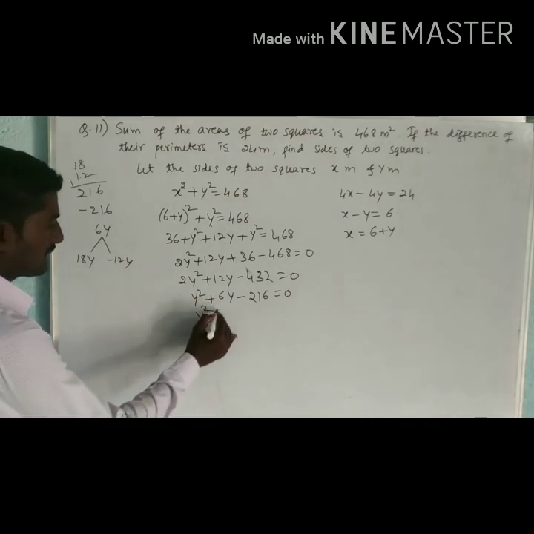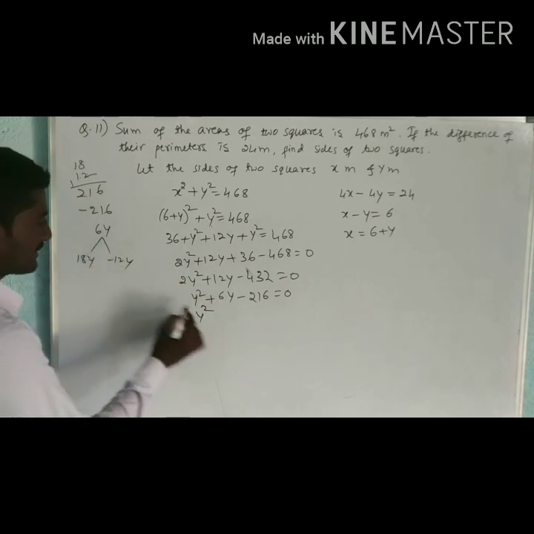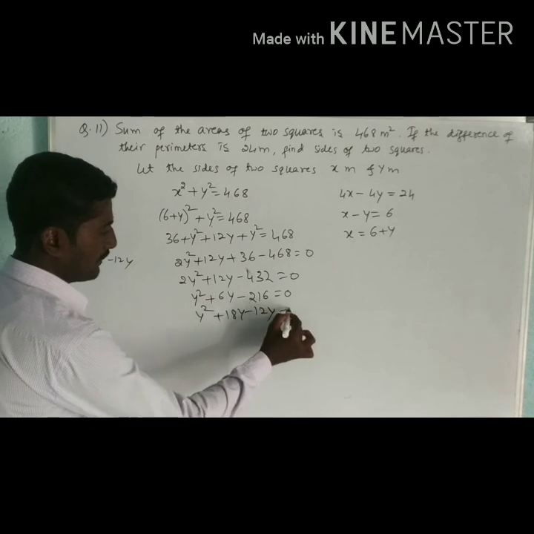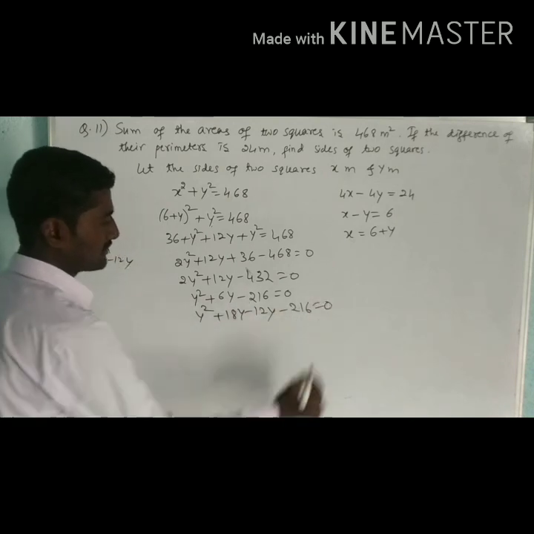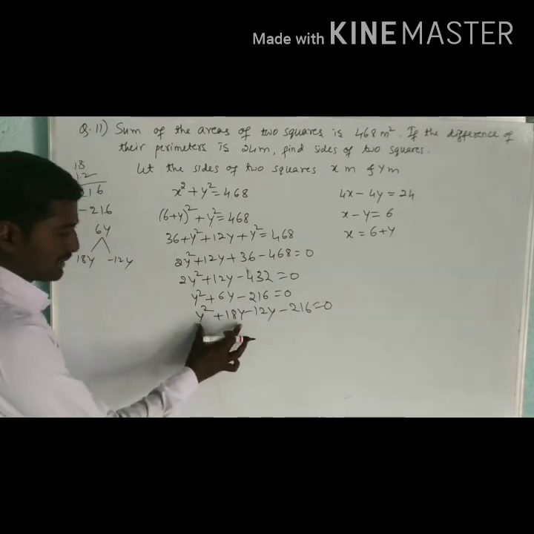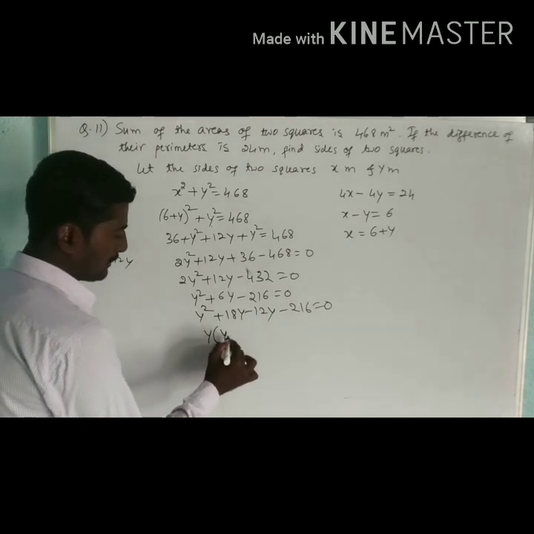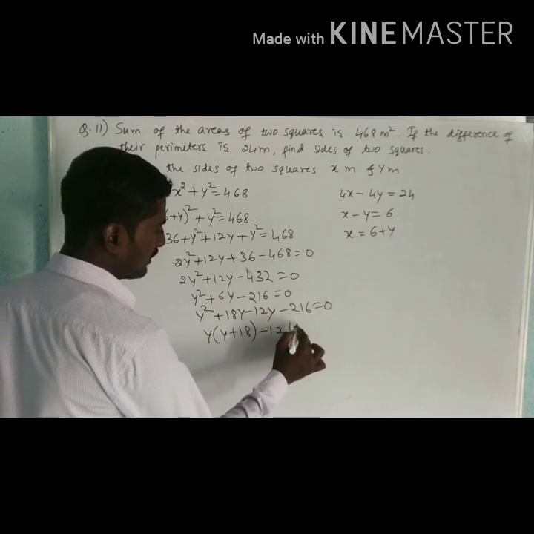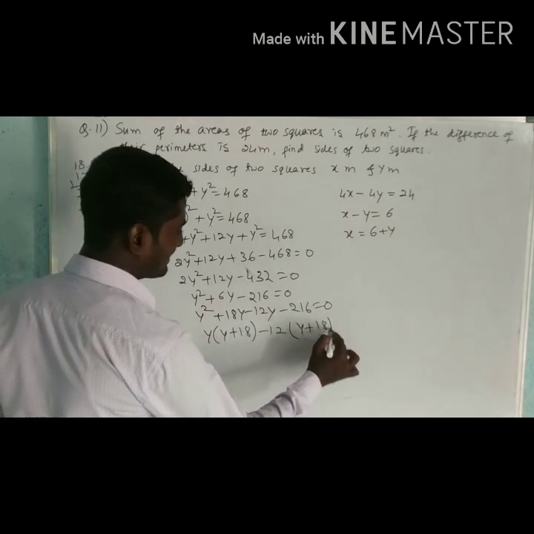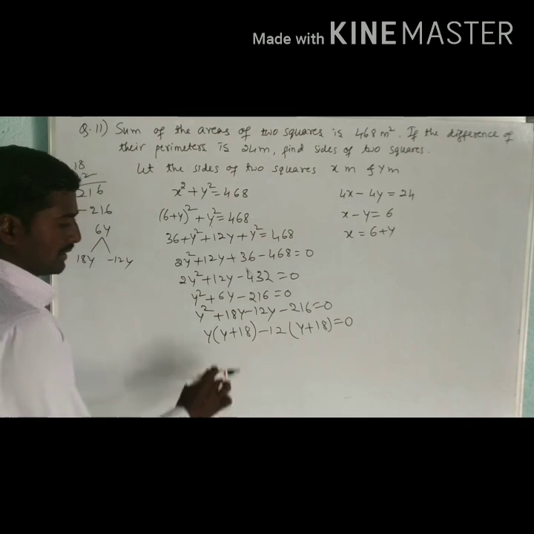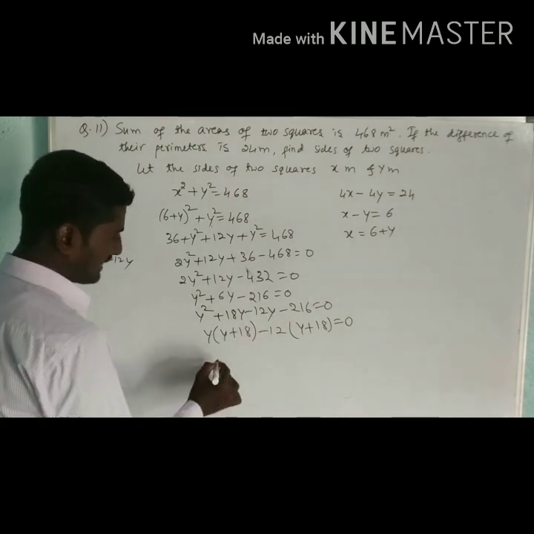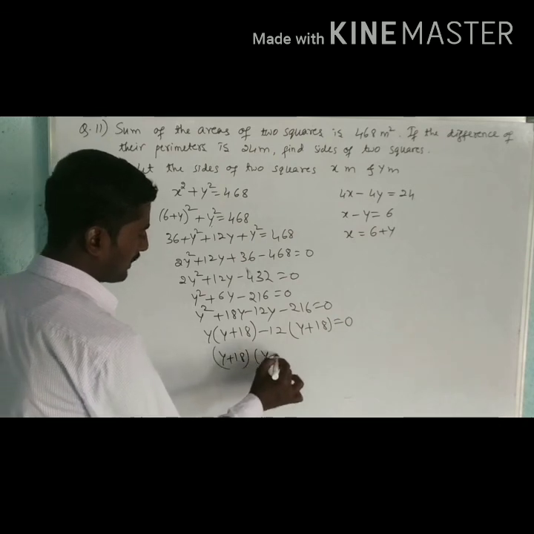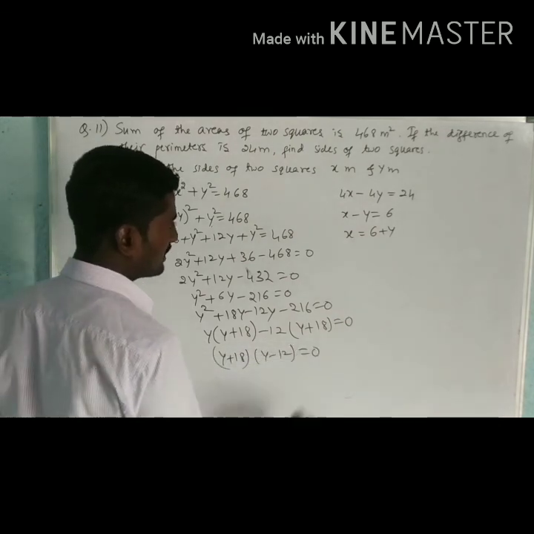So y square, in place of 6y I can write plus 18y minus 12y minus 216 is equal to 0. In this one I can take y common: y times (y plus 18). In this one I can take minus 12 common: minus 12 times (y plus 18) is equal to 0. Now y plus 18 is taken common, inside y minus 12 is equal to 0.